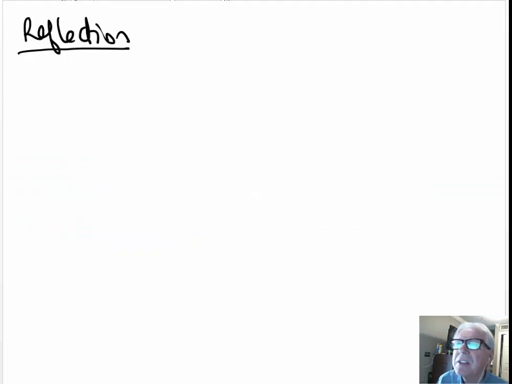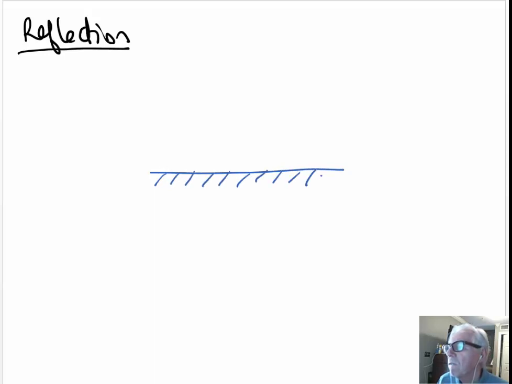Let's do a diagram of this. I'm going to show it like that. That's the traditional way of showing a reflective surface. And I have my surface normal. And then I'm going to go here.